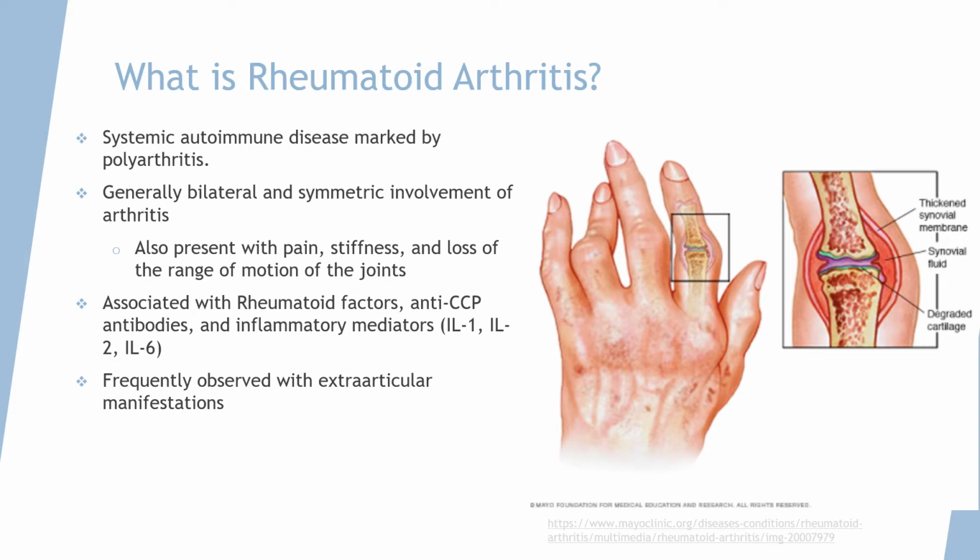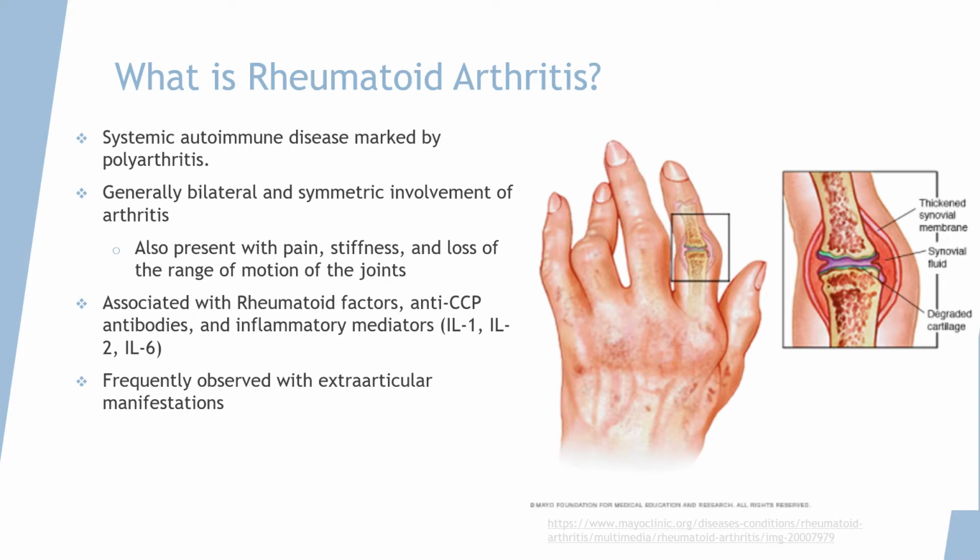Generally, when a patient has rheumatoid arthritis, on investigation, they're associated with rheumatoid factors, or RF, and anti-CCP, or anticyclic citrullinated peptide antibodies, as well as inflammatory mediators, IL-1, IL-2, and IL-6.